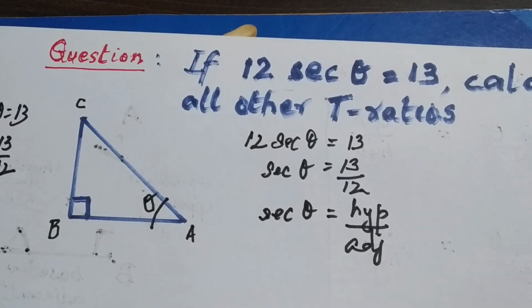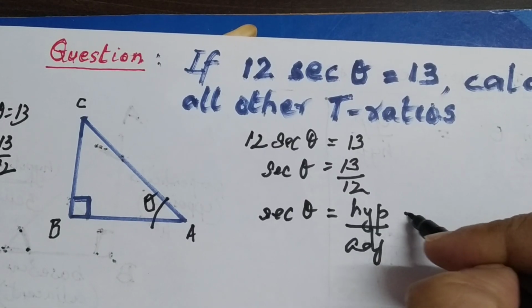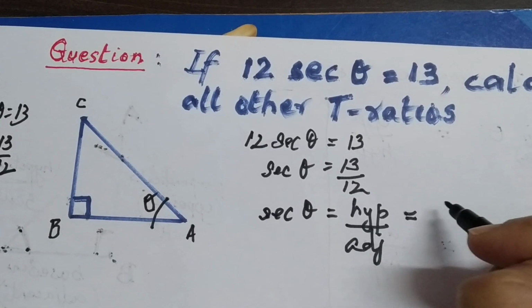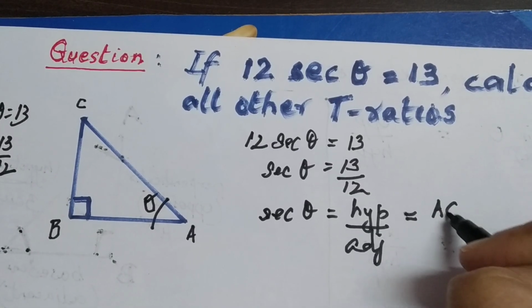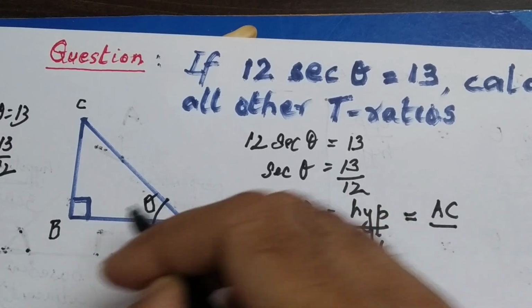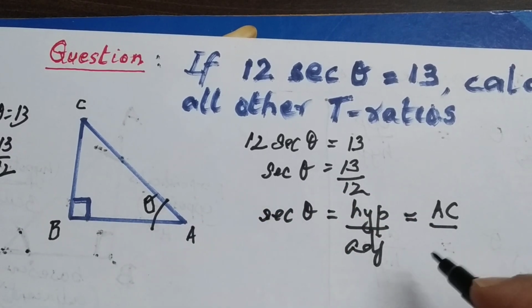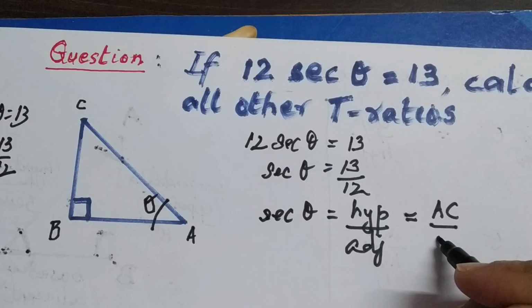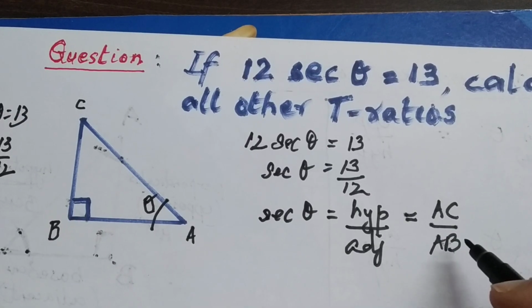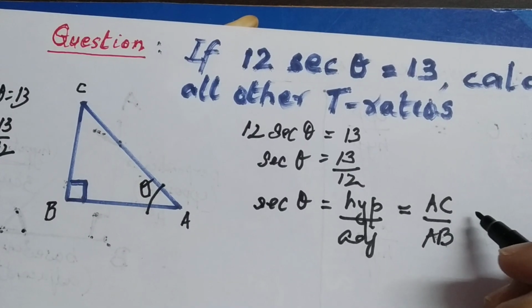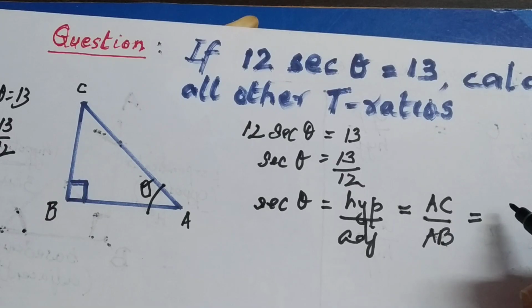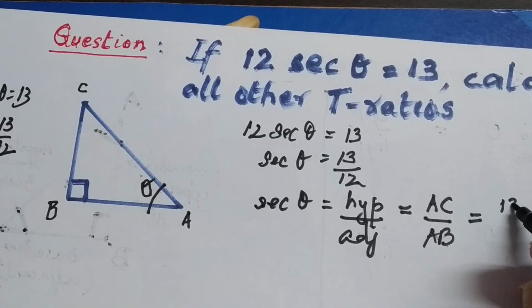Hypotenuse divided by adjacent. We know the sides. What is hypotenuse? It is AC, and with respect to theta, adjacent is AB, right? Now we also know the ratio sec theta. The question is given 13 by 12.